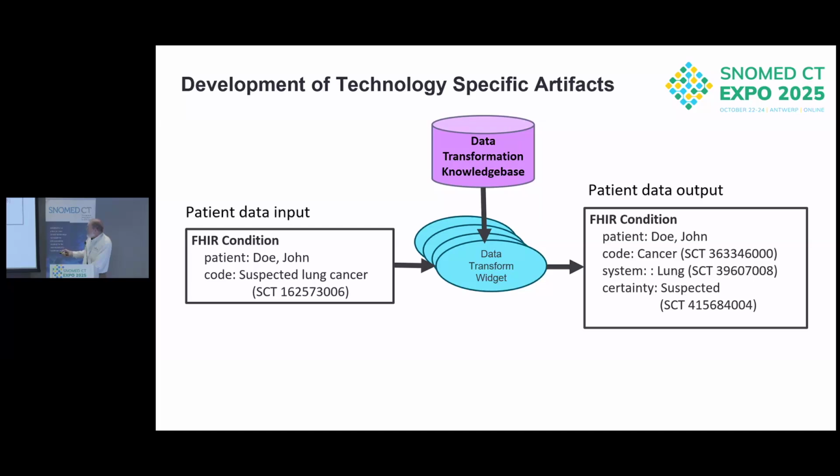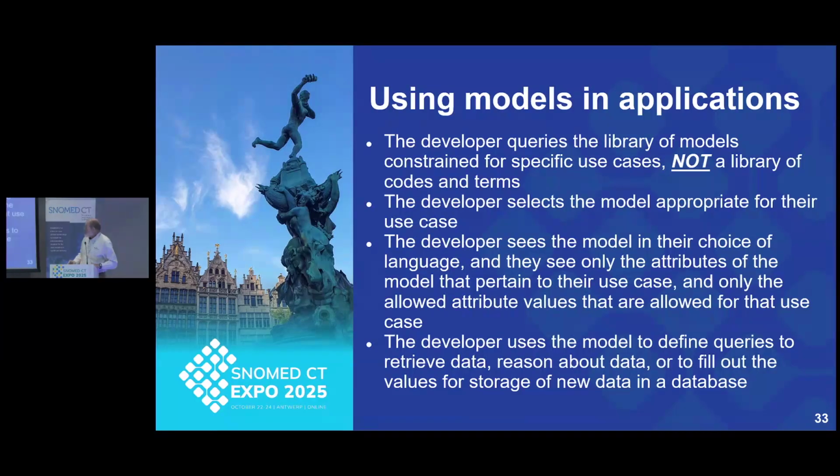Even better would be that they just call a service and say, I've got a FHIR thing with this in it, please transform it to the post-coordinated representation, or I've got a FHIR thing that's post-coordinated and I want to know the pre-coordinated representation. That would be even better if we had a public service you could just call and say, transform this data. So that's pretty much done.